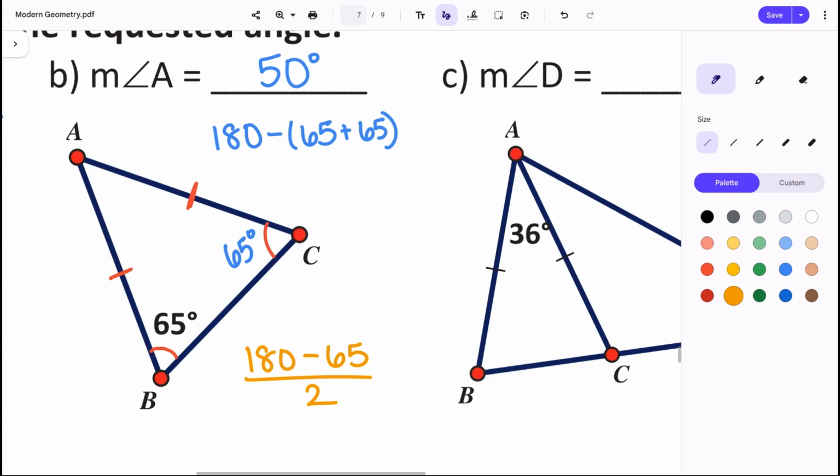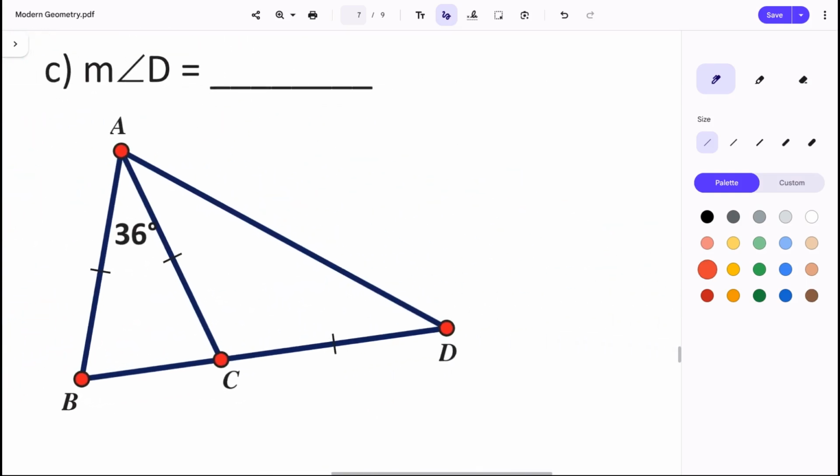Yeah, some students will look at a picture like this and they'll assume, oh, you gave me that angle, so that must be the one on the top of the isosceles triangle that's different than the other one, so those other two that I'm missing have to be the same. Some students make that assumption. That would be incorrect. That's why I said it's maybe important or helpful to mark your base angles first, because I don't want to see any of you make a mistake like that. It happens because if you're rushing through something or you're not paying attention, you're going to get the wrong answer.